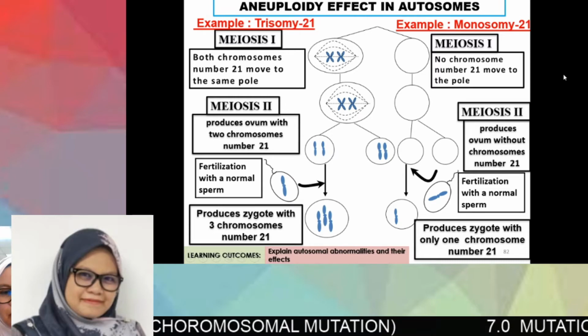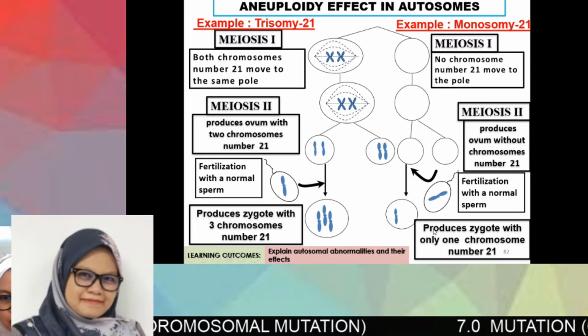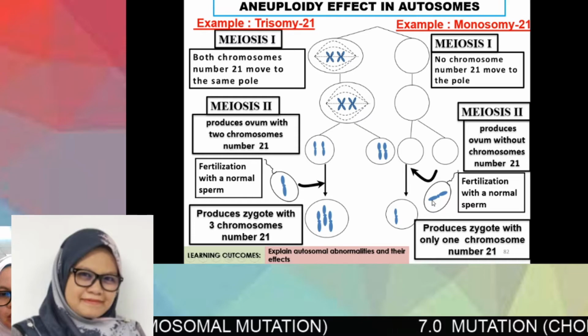Jadi apa yang berlaku, dia akan fertilize dengan normal sperm and then dia akan produce with the only chromosome number 21, dan chromosome number 21 ini pun datangnya daripada normal sperm ini sahaja.